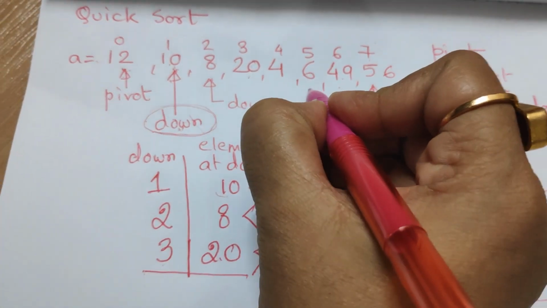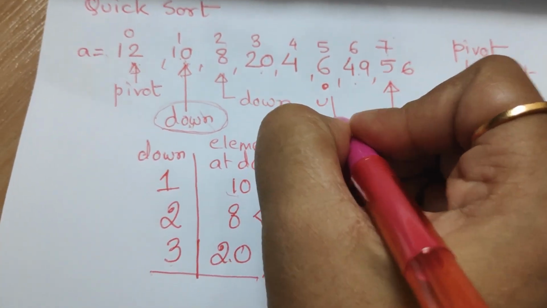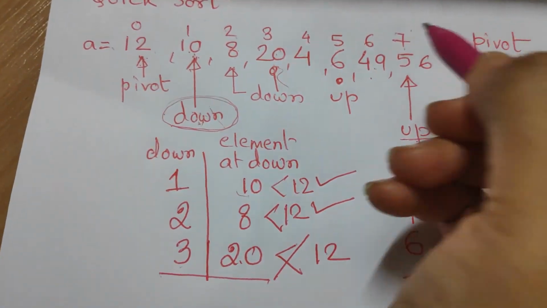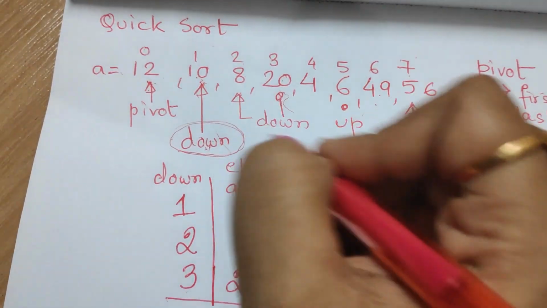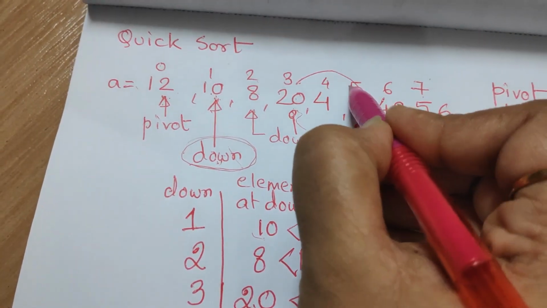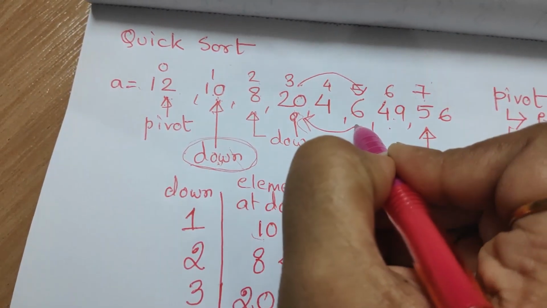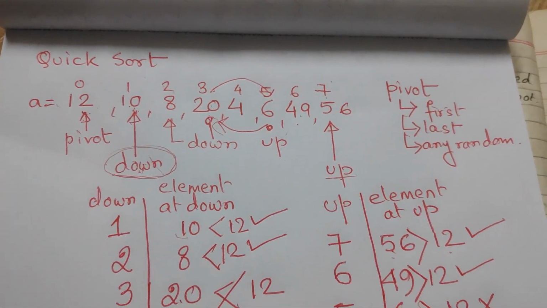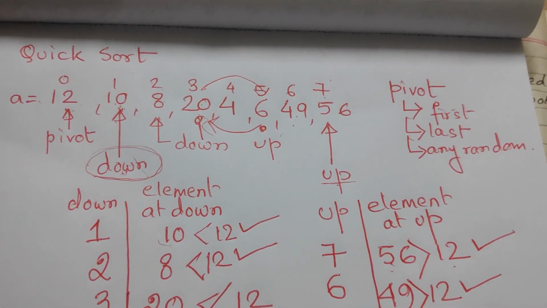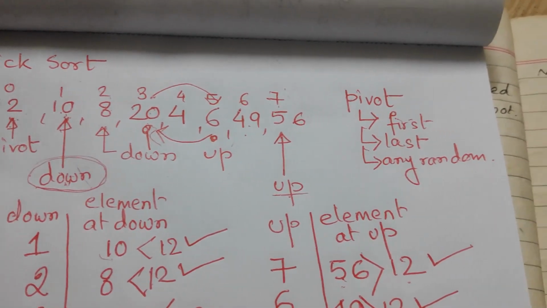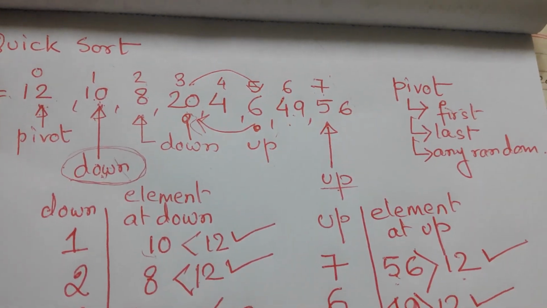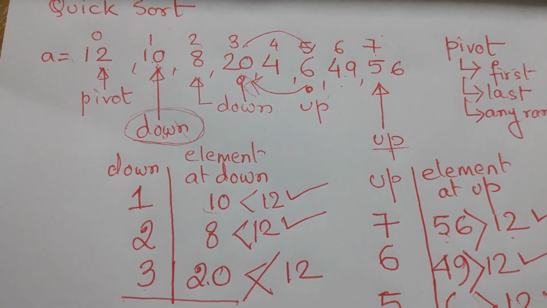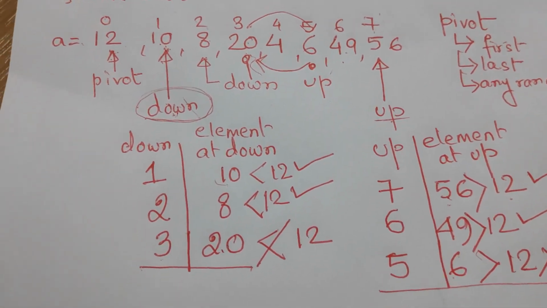We are over here with the up and over here with the down. At this moment we swap these two numbers. So as soon as we reach a point where down is holding a number greater than the pivot and up is holding a number which is lesser than the pivot, we swap the two numbers.